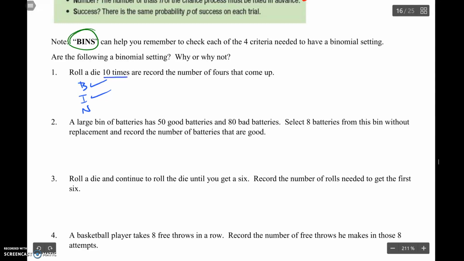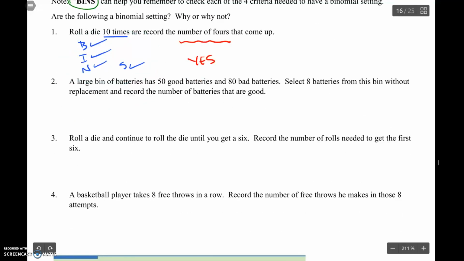We're rolling the die exactly 10 times and recording. And then S, the probability of success is the same. The probability of getting a 4 is the same each time. And again, what really makes it binomial is we record the number of 4s that come up out of 10. The number of successes is what we're recording. So this is yes. Why? Because of all of this.